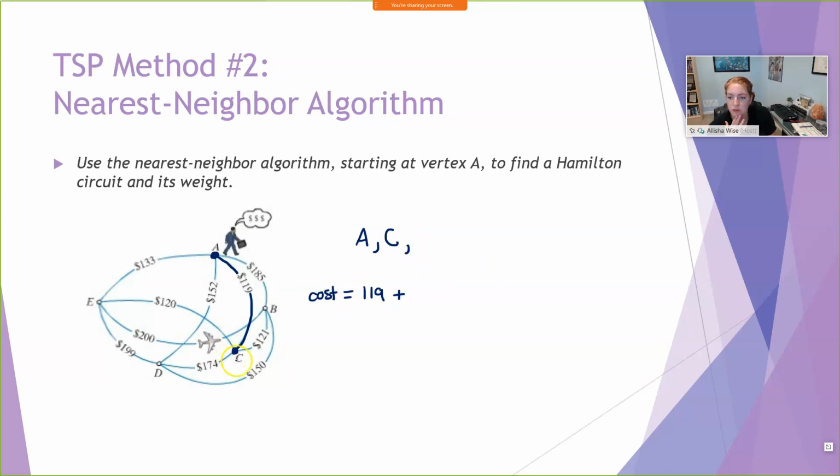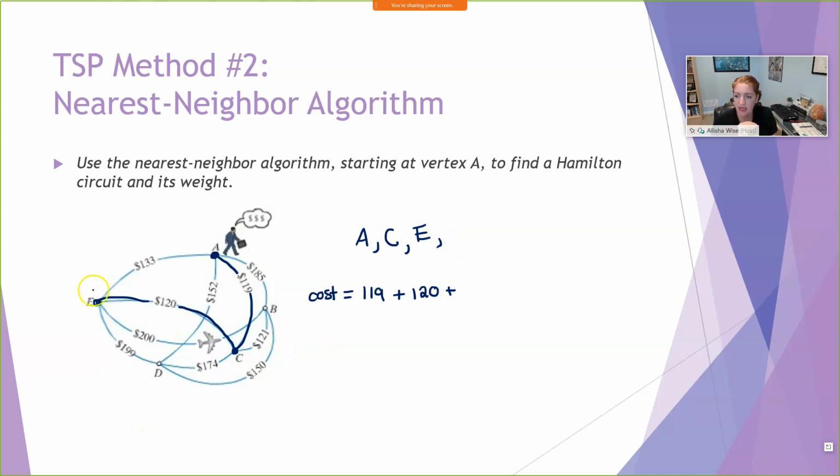Where should we travel next? We have B, D, and E. B is 121, D is 174, and E is 120. E is going to be the cheapest, so 120.